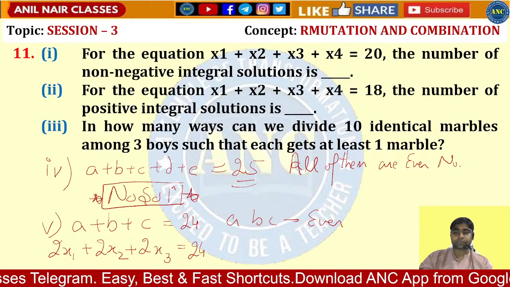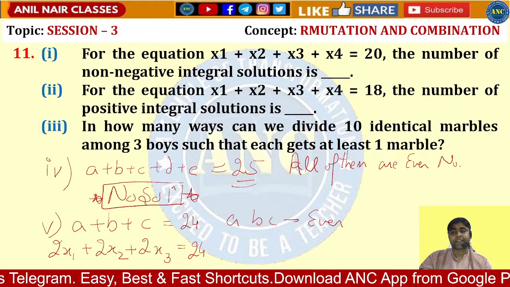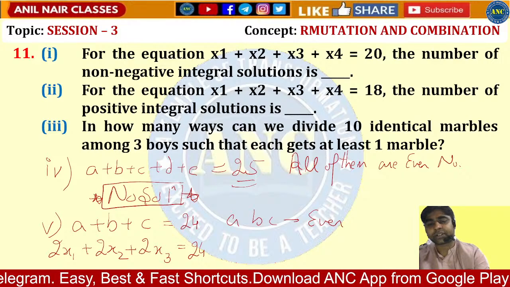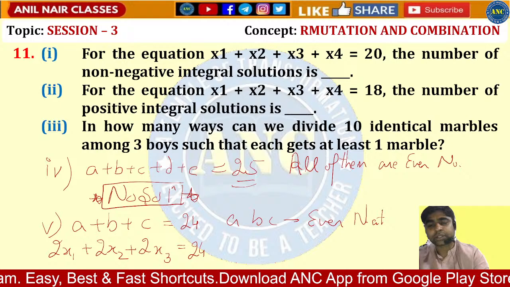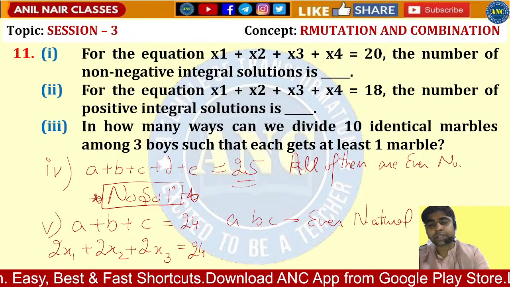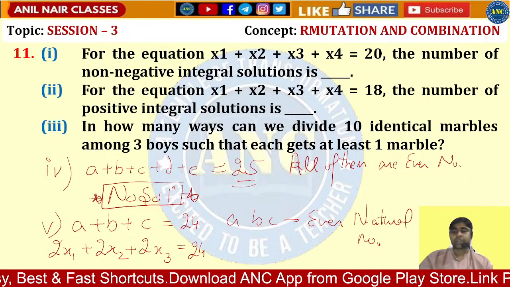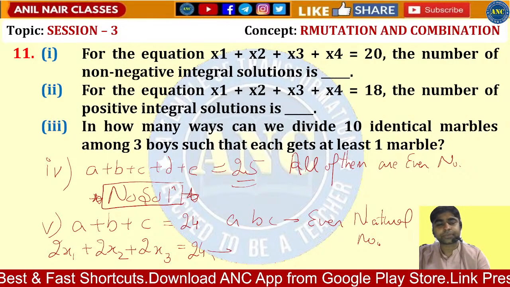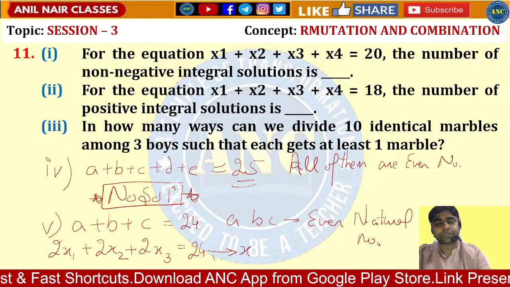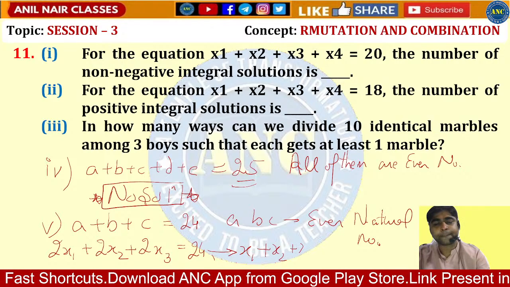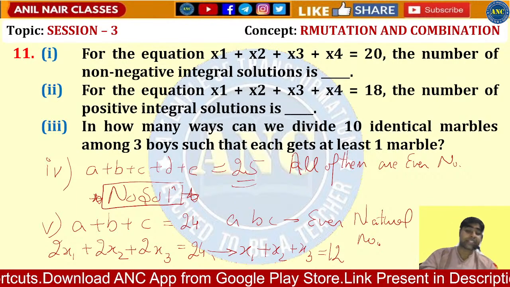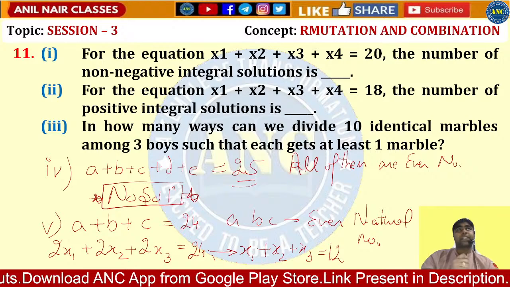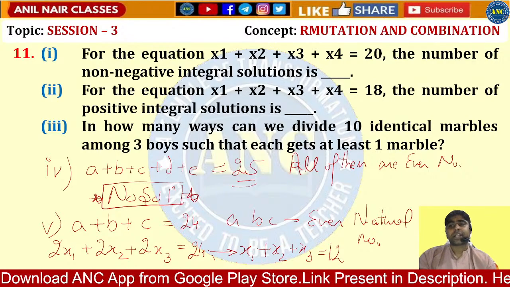If I say they are even natural numbers, then this becomes x1 plus x2 plus x3 is supposed to be 12, as well as x1, x2 and x3 are supposed to be natural numbers.